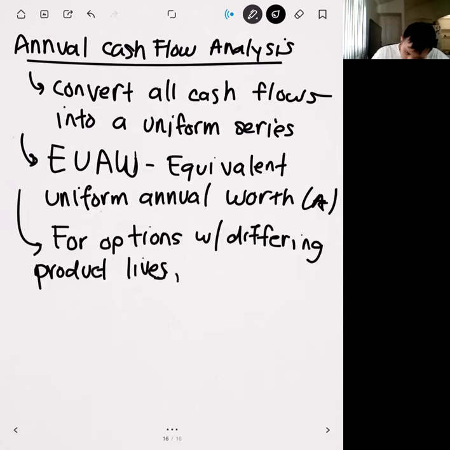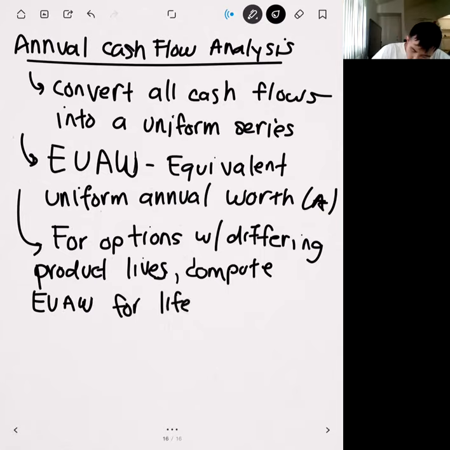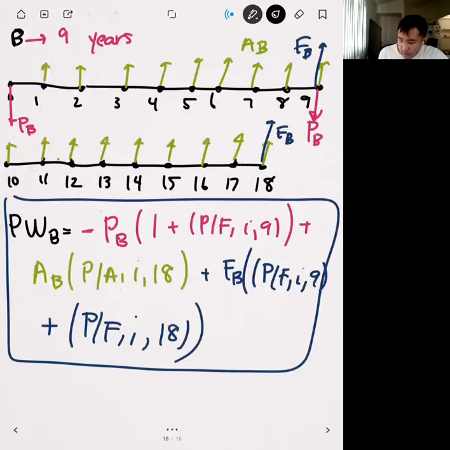If you do that and you implicitly make the assumption that you're going to keep buying replacements every time they're used up, then you don't have to do the least common multiple work like we did right here.